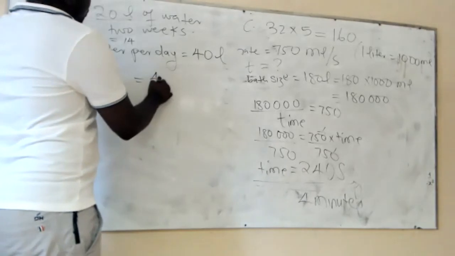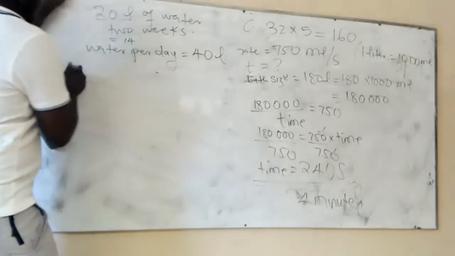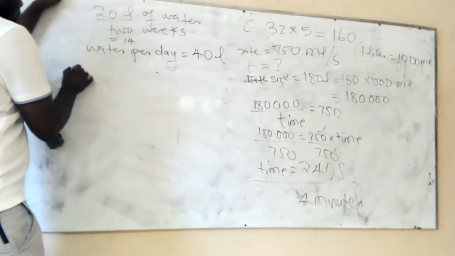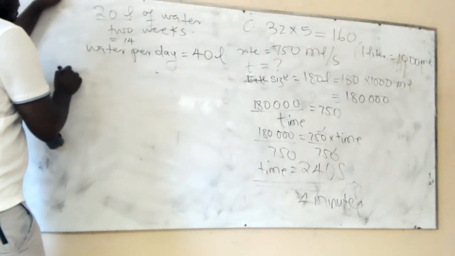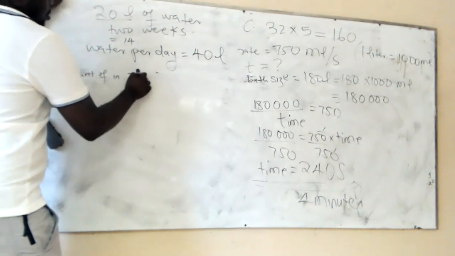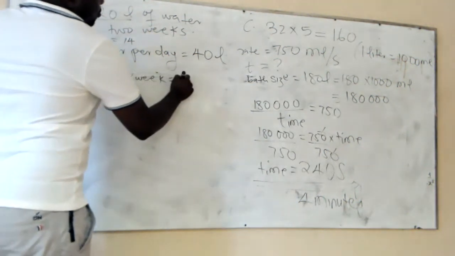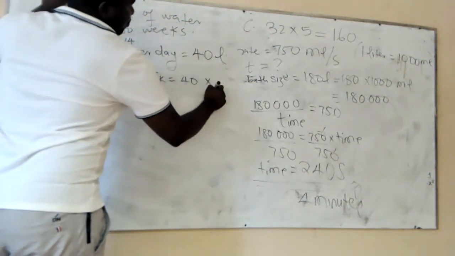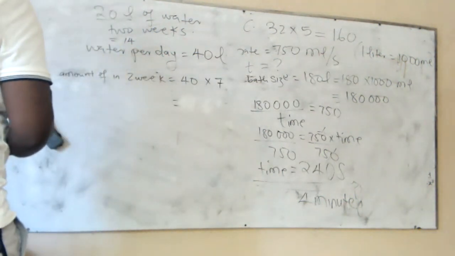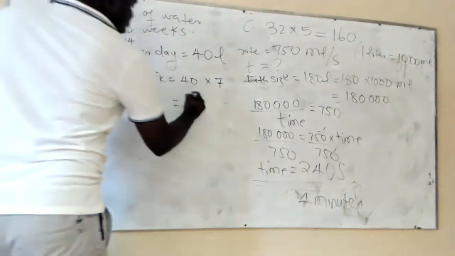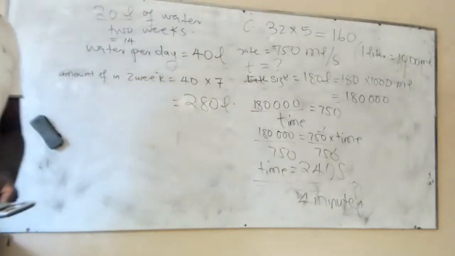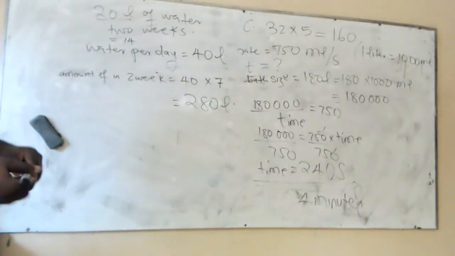So in order to calculate the amount of water this person has carried in 2 weeks, it's going to be 40 multiplied by 7, which would be 280 liters.